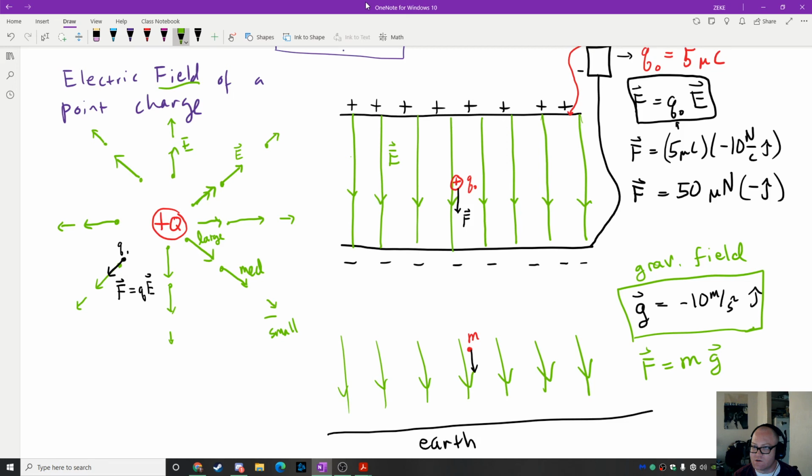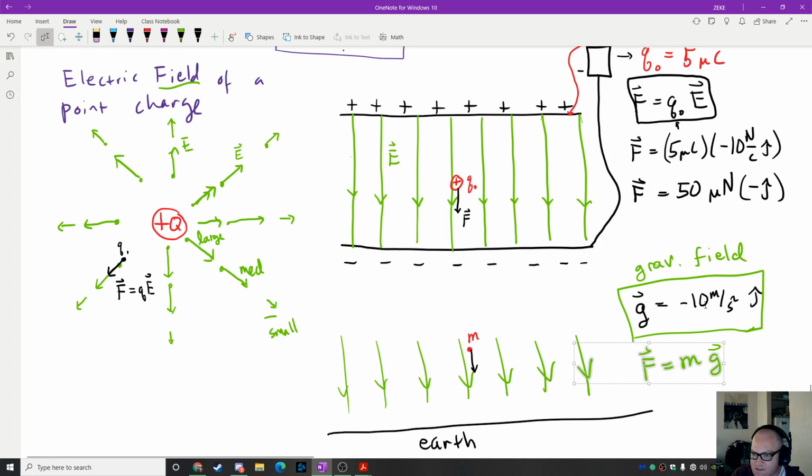Now, this is another thing that I want to emphasize. If you think about the gravitational field of the Earth, you probably don't think about it much unless an object is falling, right? We don't really care that the acceleration due to gravity is 10, except when an object's falling, because that's when it matters. But none of you would doubt that there is a gravitational field of Earth, right?